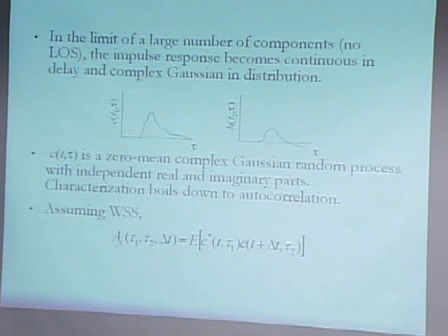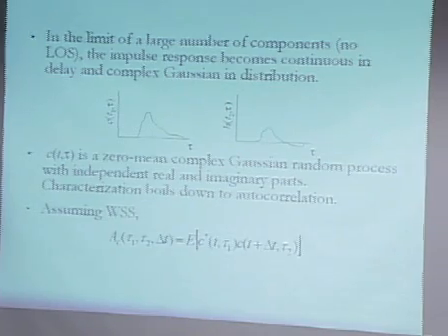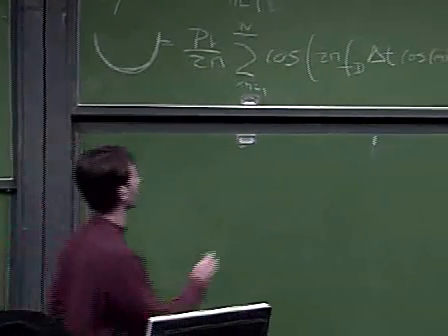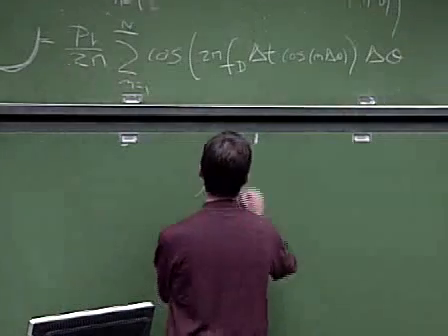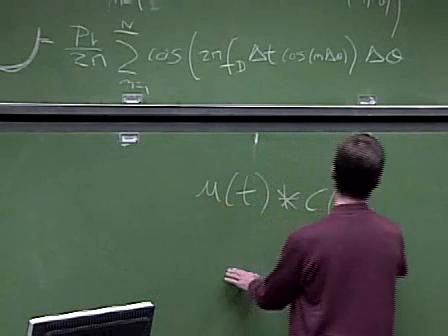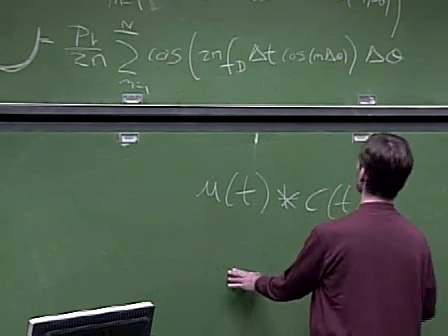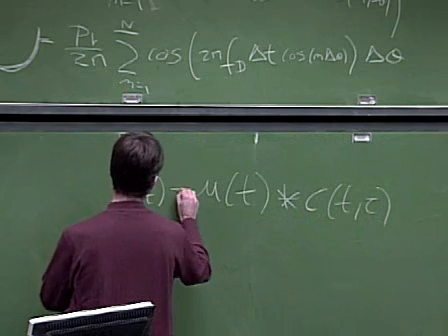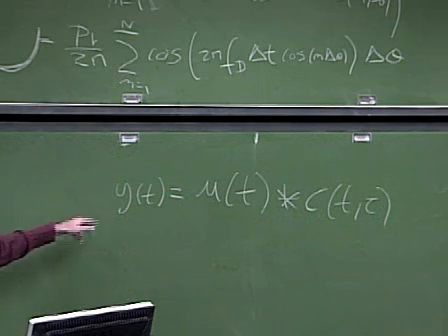So we had, we're calling u of t the low pass transmit signal. So convolution with C of t, tau is giving us the output, the received signal y of t. This is in low pass.